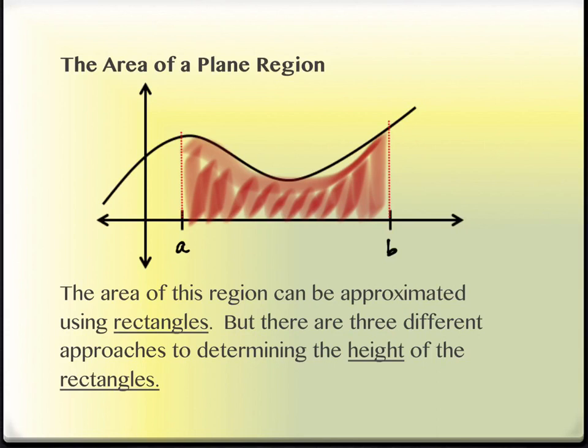Now, we did numerical approaches to slope back in section 1.1 of the entire semester. And you might remember using your calculator and it being sort of tedious. And then we had derivatives, and derivatives found it without the numerical approach. That's what's going on here too. We're going to try and find this area with a numerical approach, and then we're going to use antiderivatives, and we're going to actually be able to find it exactly without all the hassle.